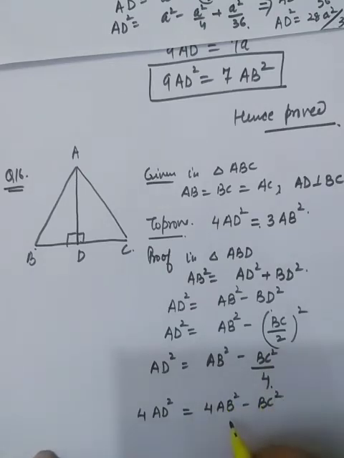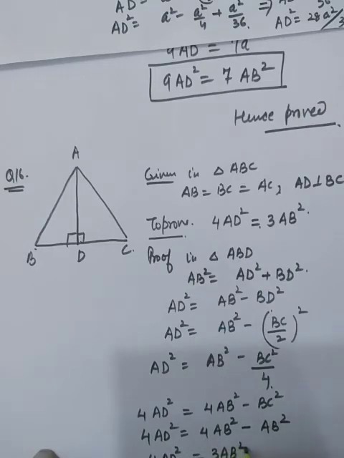But in an equilateral triangle, AB, BC and AC are equal. So we can again replace BC by AB. Means in place of BC we can write AB square. And on solving we get 4AD square is equal to 3AB square. Hence proved.